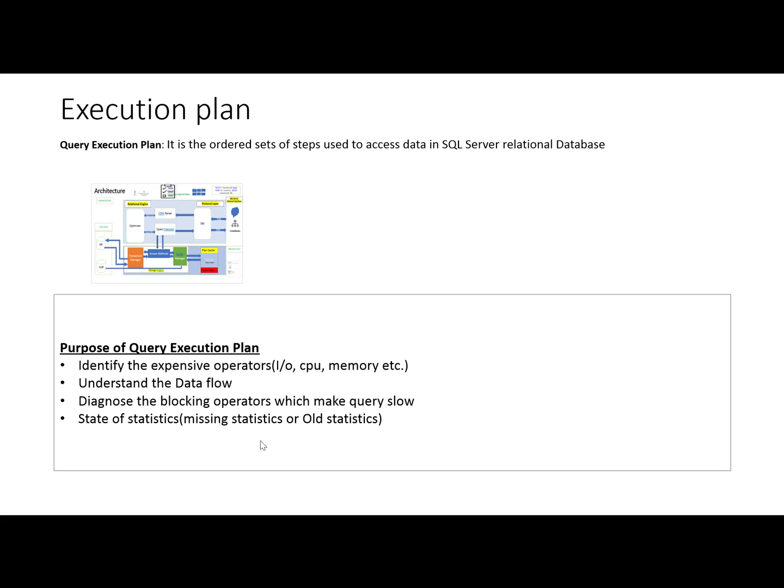So this is the purpose of the query execution plan. Until now, we have studied the query execution plan and all its steps. Now we will go to the demo to see this query execution plan generated by the SQL Server engine.